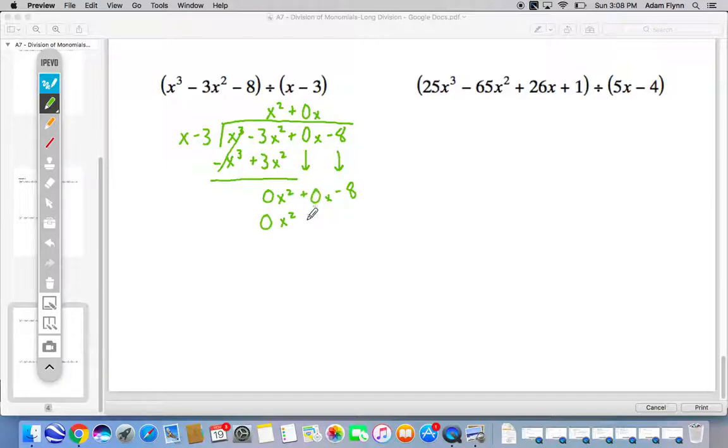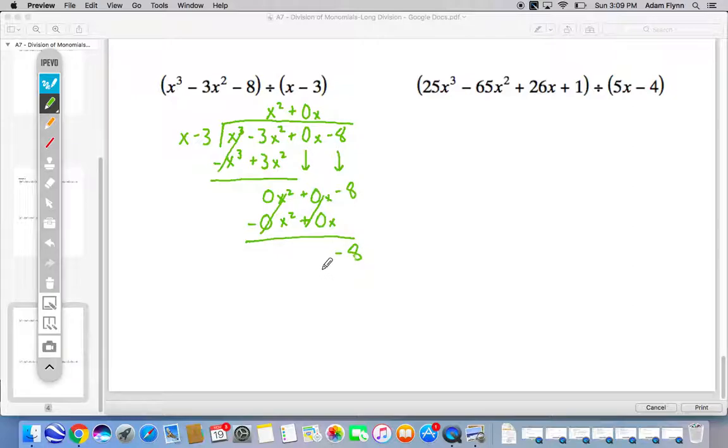Negative 3 times 0x is negative 0x. So, seems a little ridiculous, but I'll flip my signs. So, they cancel, and they cancel. So I get negative 8 as my remainder.